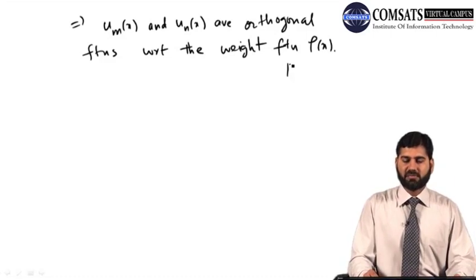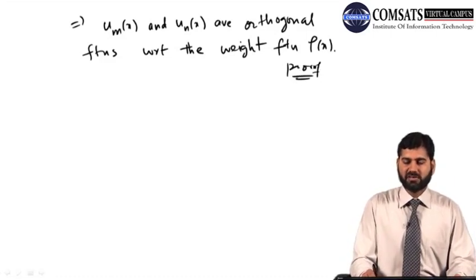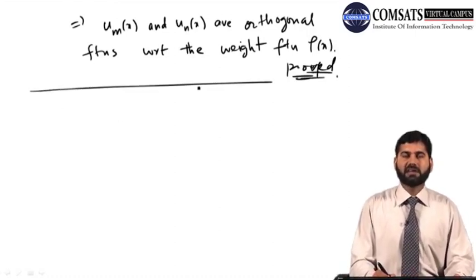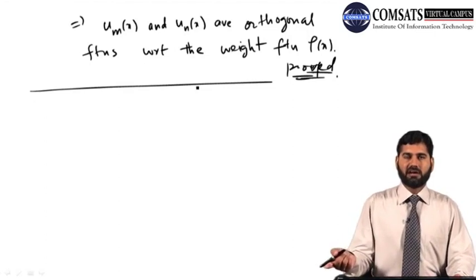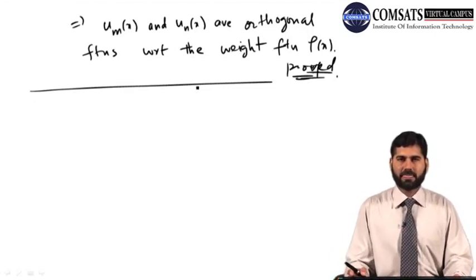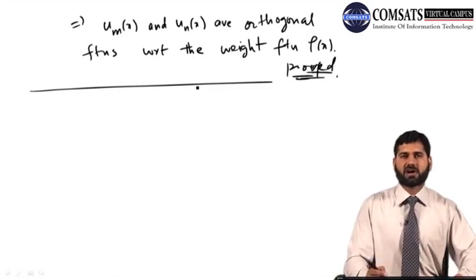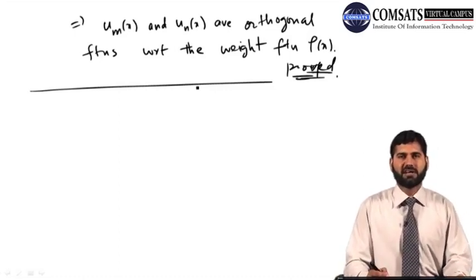All right, so this is the proof. This is what we had to prove, that the eigenfunctions corresponding to the distinct eigenvalues are orthogonal with respect to weight function rho x. So we proved this thing.